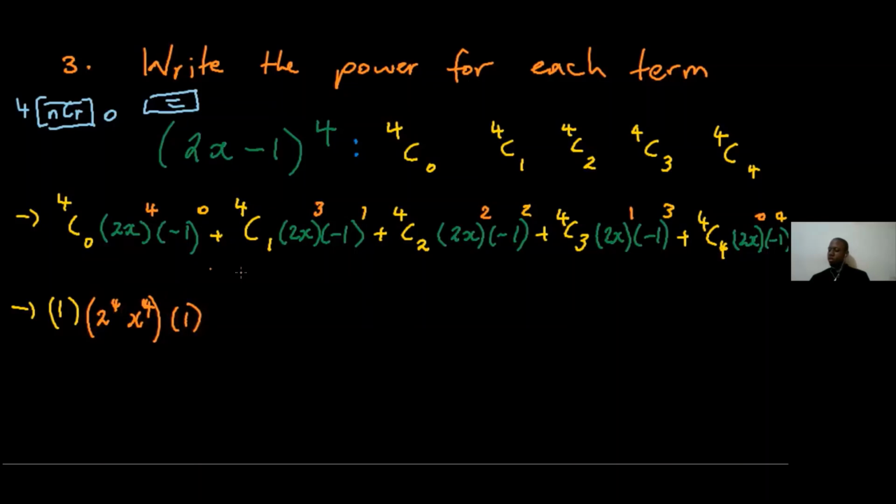So that part is done. Now 4 choose 1 will be 4. And again, this is going to be 2 to the 3. Everything is raised to the power 3 here. So that's 2 to the 3, x to the 3, and negative 1 to the power 1 is negative 1. And we'll just do the same now for the rest of these.